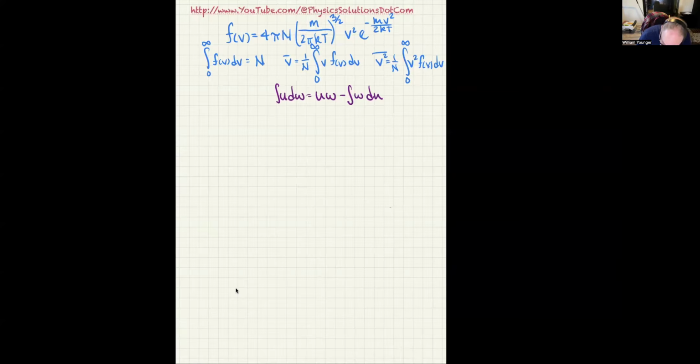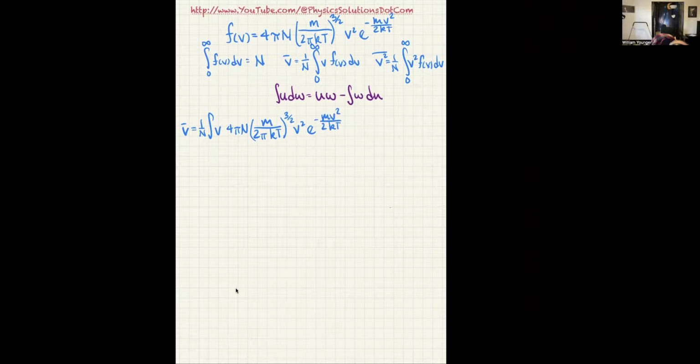So I'm going to go ahead and calculate the average velocity like this. The average velocity is 1 over n times the integral of v, now times 4 pi n times m over 2 pi kT to the 3 halves power times v squared e to the negative mv squared over 2kT dv. As you can tell, all those constants out in front can go ahead and disappear.